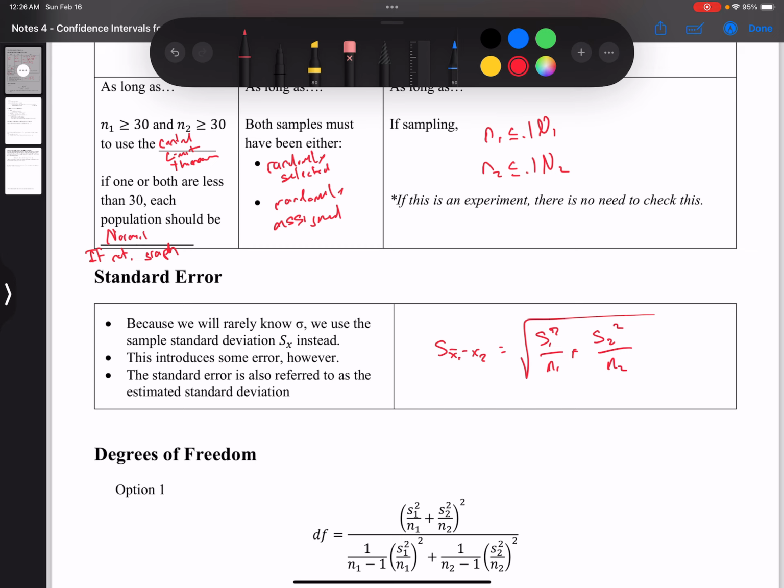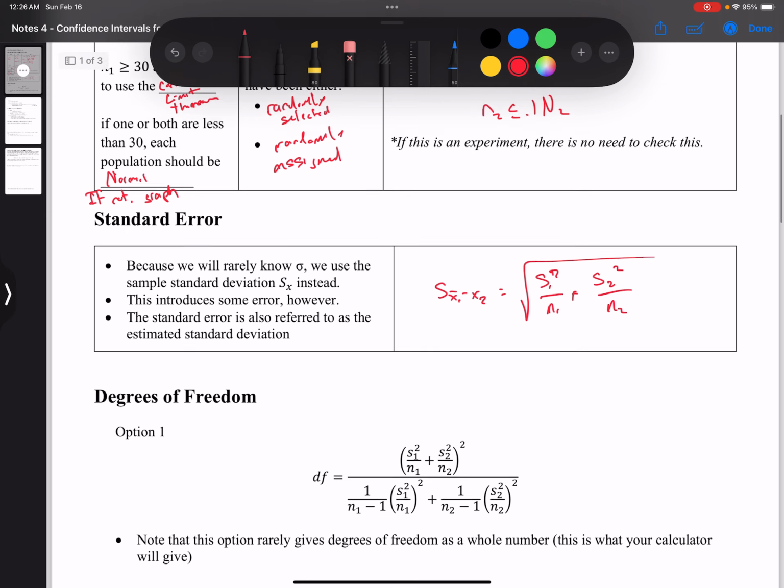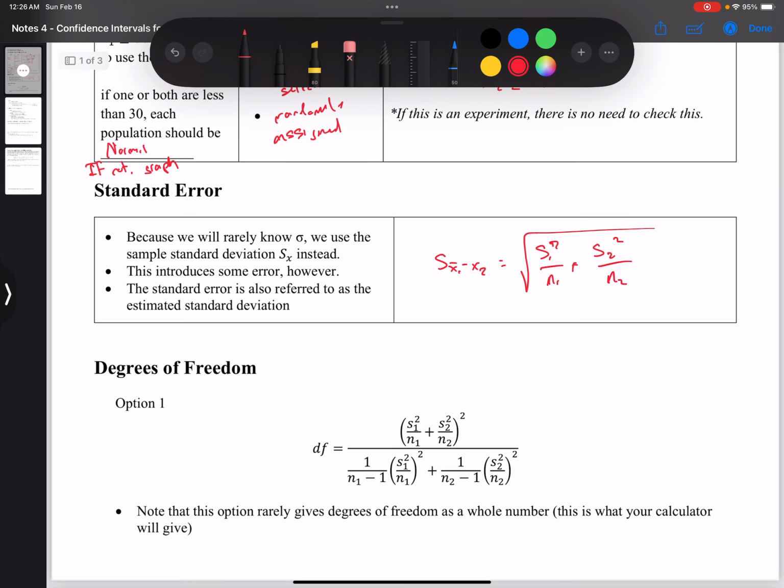Since we're dealing with the t distribution, there are degrees of freedom. What do we do when we have two samples? We have two options. Here's the first option. Before you start to panic, and I'm really sorry I'm not there to see the panic go across the classroom, you will never ever have to use this one.